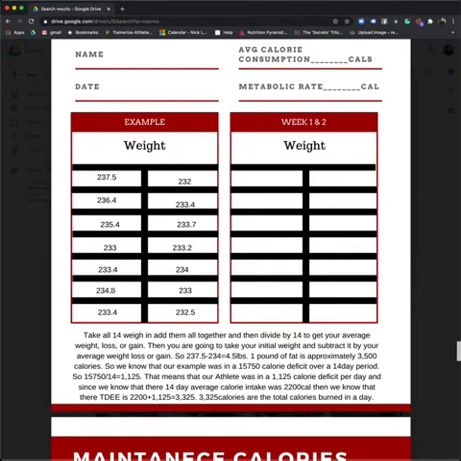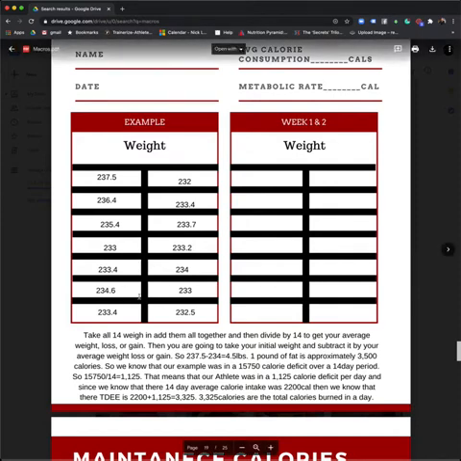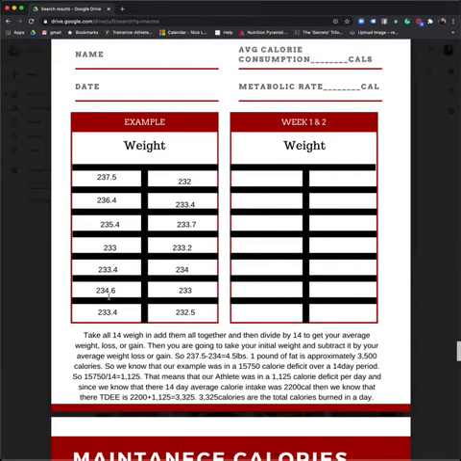That would only look like a 3-pound loss. But if we tracked each and every day, you can see that you drop down to 233, and it gives us a more accurate representation of how much weight you actually lost versus the big variables that can go on depending upon the day and depending on stress and water levels and things like that. So make sure you weigh every day and track every day.